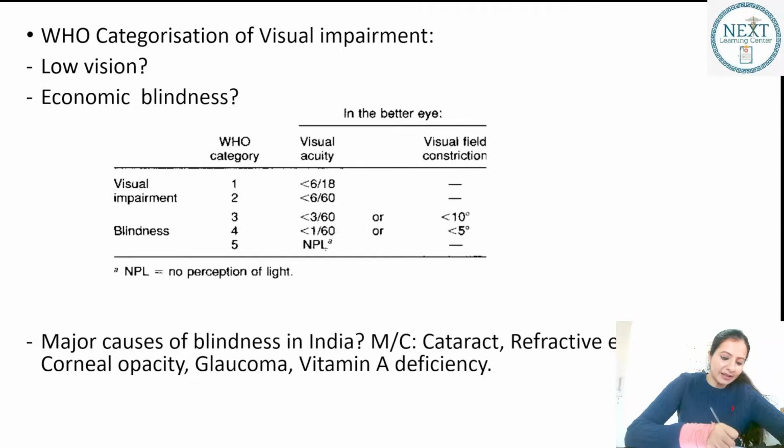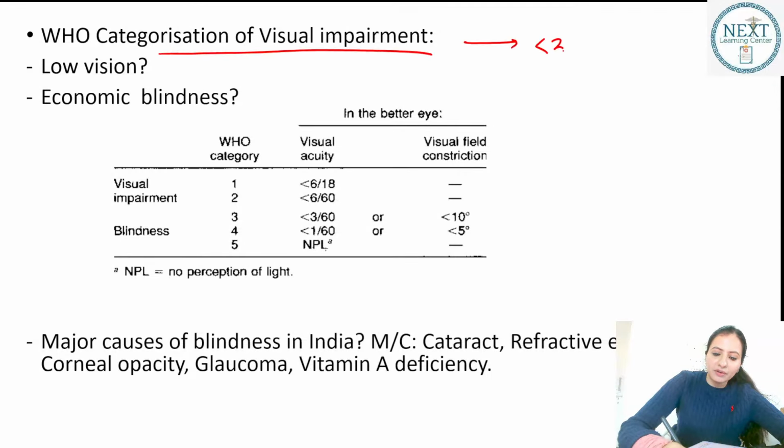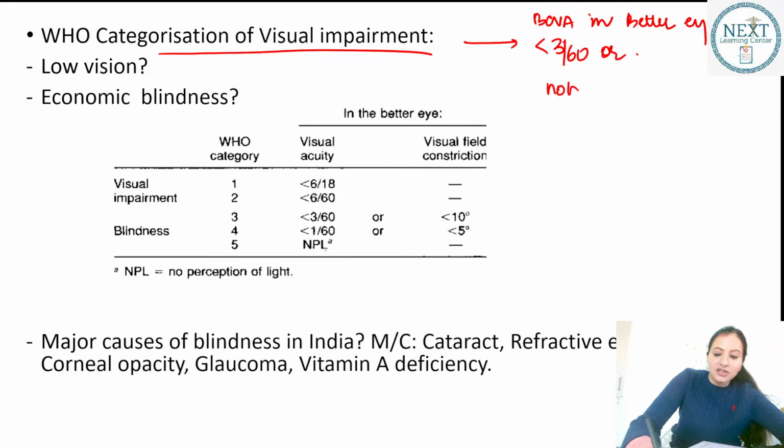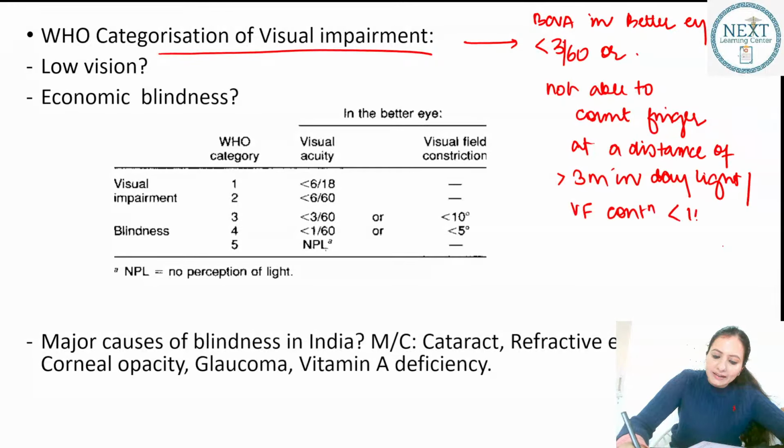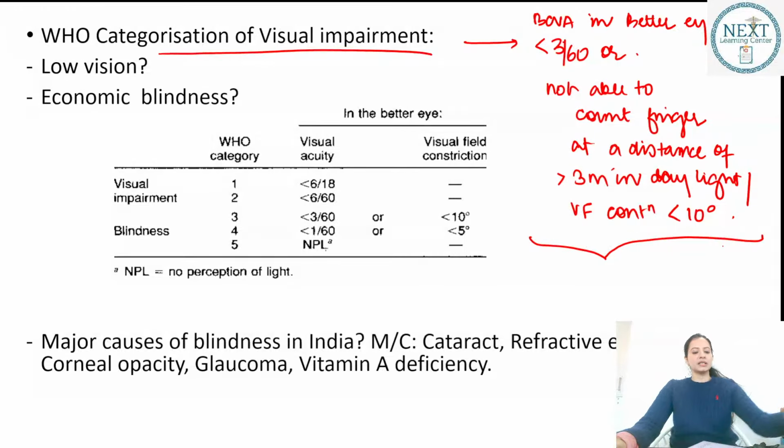Now, WHO categorization of visual impairment. WHO says whenever the best corrected visual acuity in the better eye is less than 3/60, or the patient is not able to count fingers at a distance of 3 meters in daylight, or when the visual field contraction is less than 10 degrees, that means the person is blind.